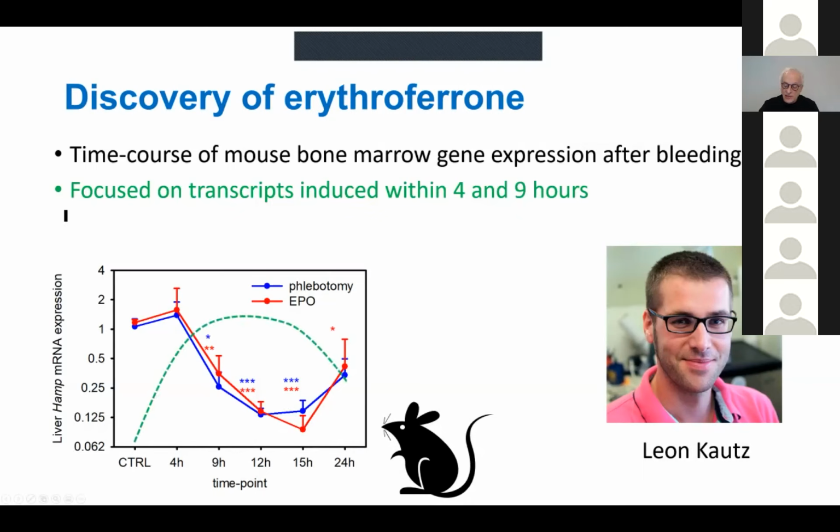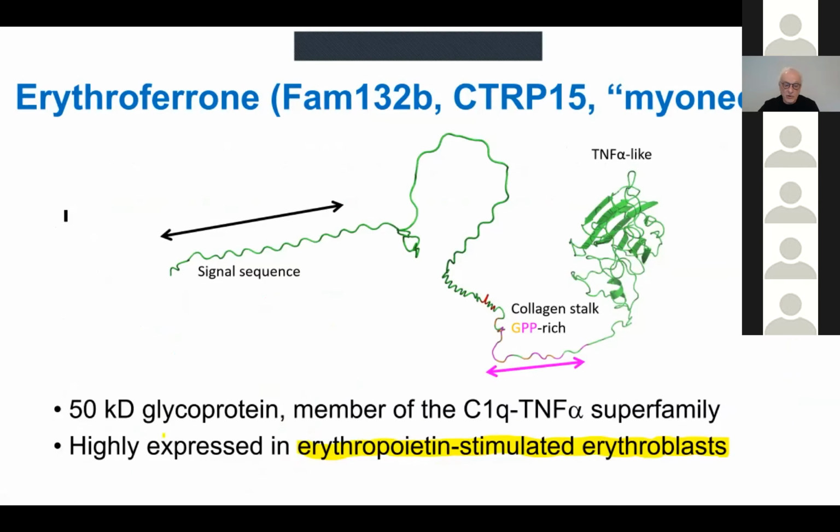And we did that by transcriptional profiling of the marrow, looking at RNAs that change during this time, and selecting those that encoded secreted proteins. And at this point, and this is an important factor in science, luck favored us because there was only one such transcript that encoded a secreted protein. And we named this transcript Erythroferrone because, as you will see later, it connects erythroid activity to iron metabolism.